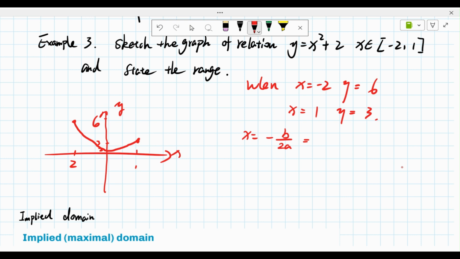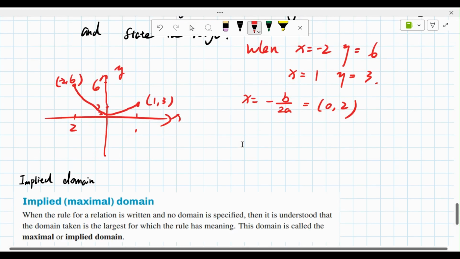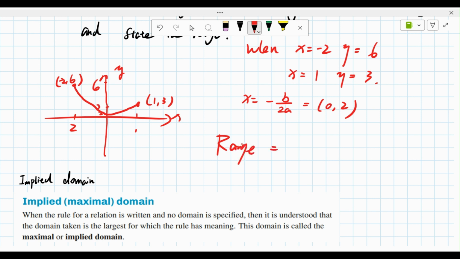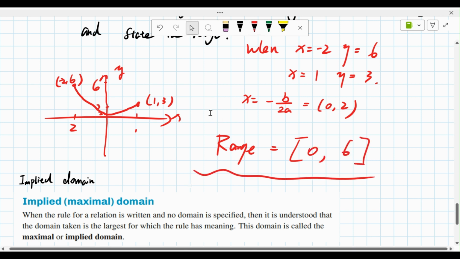Okay, 1, 3, and -2, 6. And once you find out your turning point is 0, 2, your range equal to 2 to 6. There you go. Make sure it's the minimum to maximum.